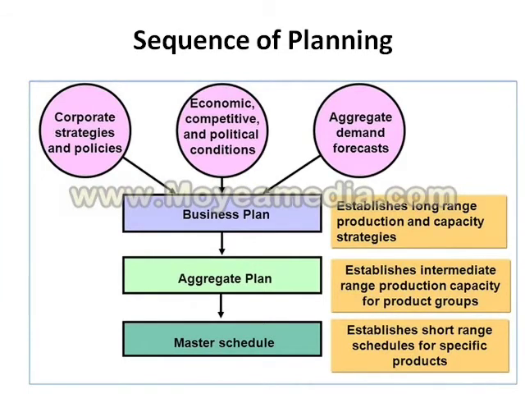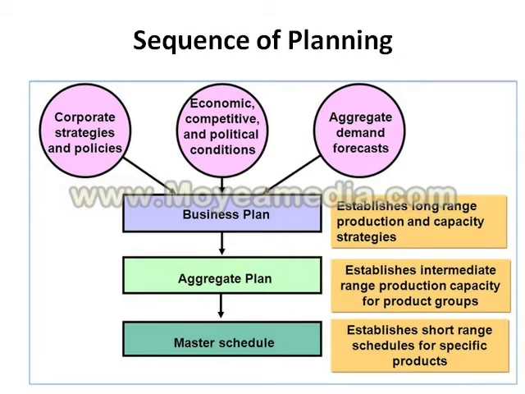Coming to the sequence of planning, because we need to know how an industry plans its operations well in advance. Always you will have a business plan for any industry. So the corporate strategies and policies, your political conditions, competition, your aggregate demand forecasting, everything will contribute to the major business plan.